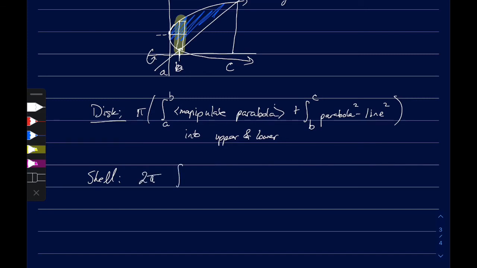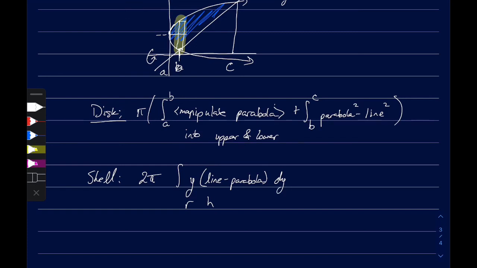Now for the shell method, we would have 2 pi. The distance between the axis and any point is going to be y, so this is our r. And then we'll have our h, which is just going to be the line minus the parabola, dy.